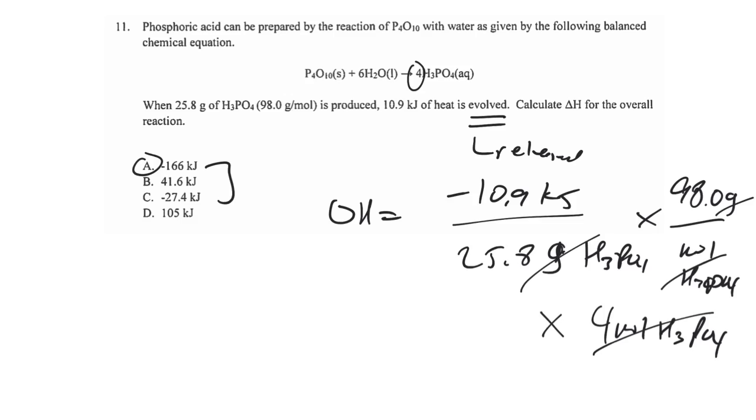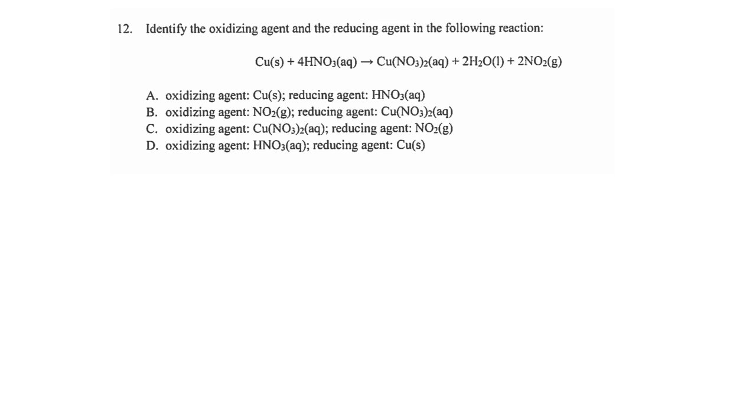Okay, so let's move on to the next. Identify the oxidizing agent and the reducing agent in the following equation. Okay, so copper goes from 0 to 2+. So copper is losing electrons, copper is oxidized. H is what's being reduced.